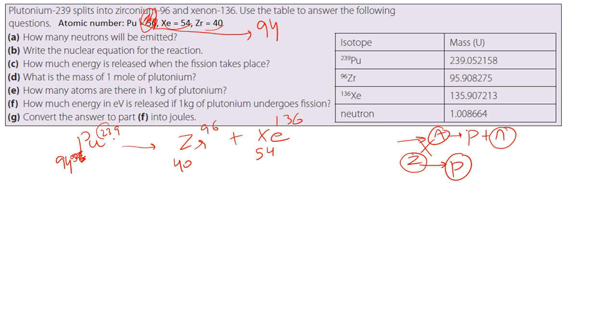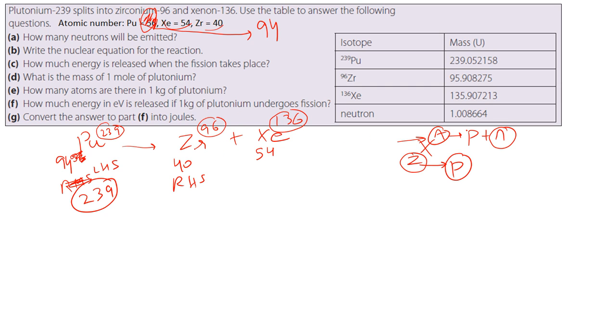So on the left hand side you have 239, and on the right hand side, if I add 96 and 136, Sheldon, tell me the value.